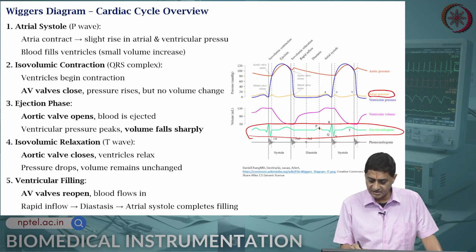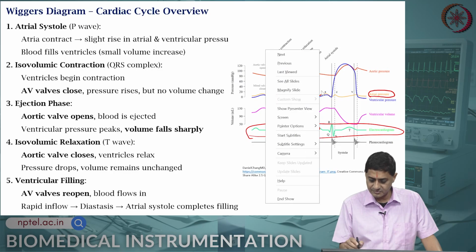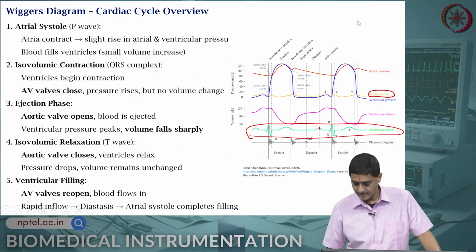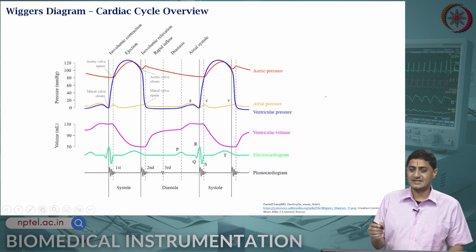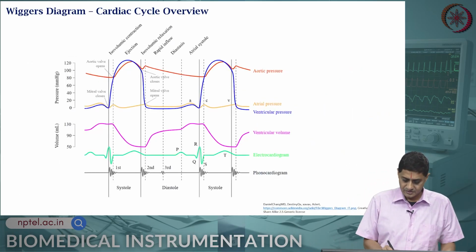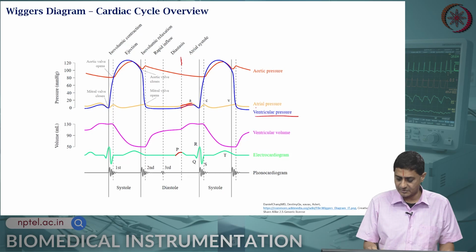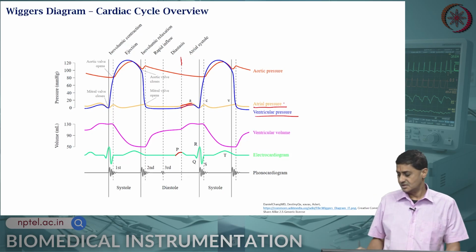Please follow the red line here, we will go to the next picture, maybe it is slightly bigger. So, after the P wave, you see that the atrial pressure increases, and the ventricular pressure also increases. Ventricular pressure is in blue, atrial pressure is in orange.